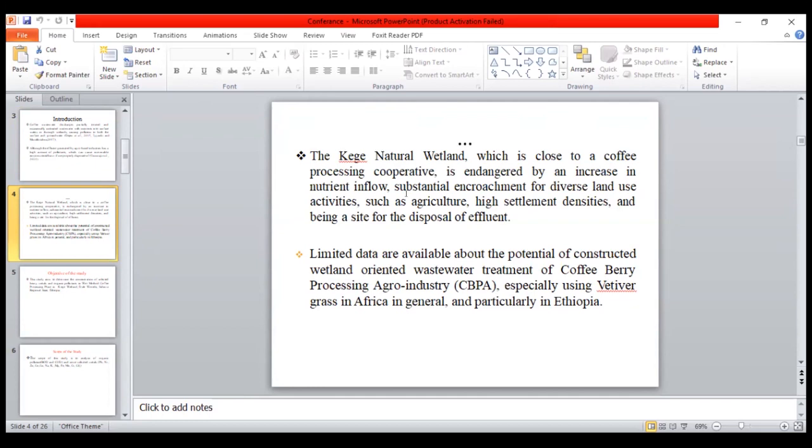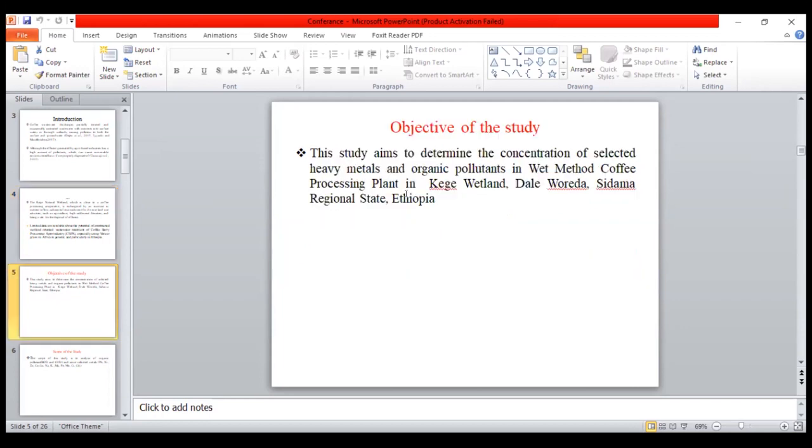In this research area, limited data are available about the potential of constructed wetland-oriented wastewater treatment of coffee berries, especially using vetiver grass in Africa in general, particularly in Ethiopia.